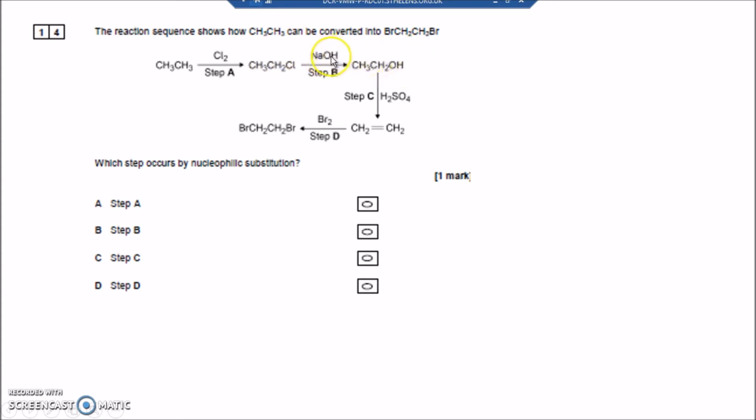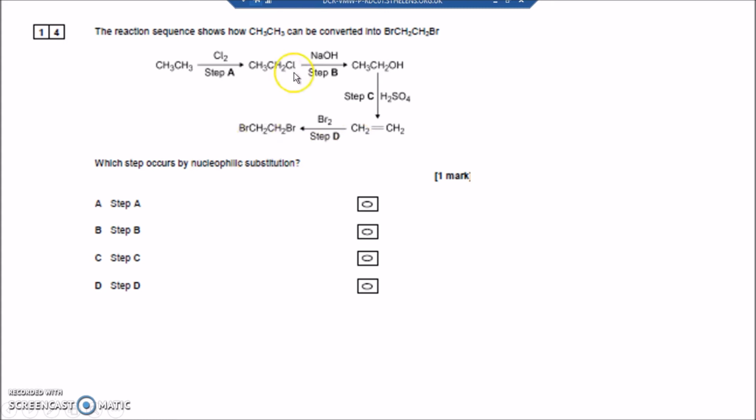OH minus is a nucleophile, an electron pair donor, so we'd replace the Cl here with nucleophilic substitution. We've got a dehydration reaction here where the concentrated sulfuric acid is removing water. It's removing one of these H's from CH3 to make CH2, and on the adjacent carbon removing the OH. So a dehydration reaction, and then we've got Br2 adding with electrophilic addition across the double bond.